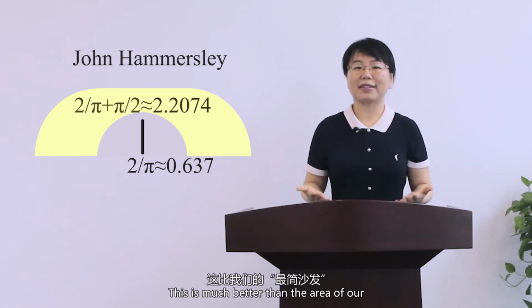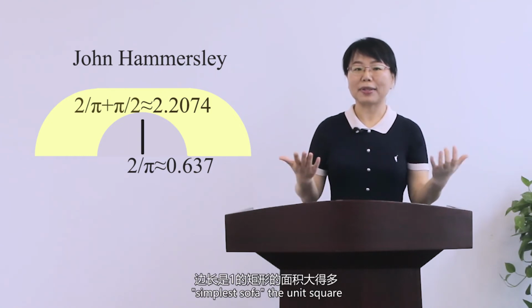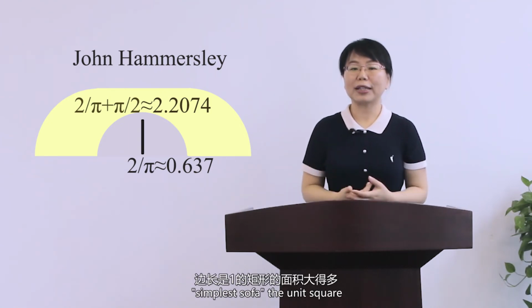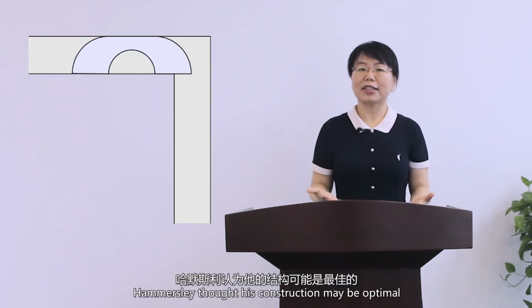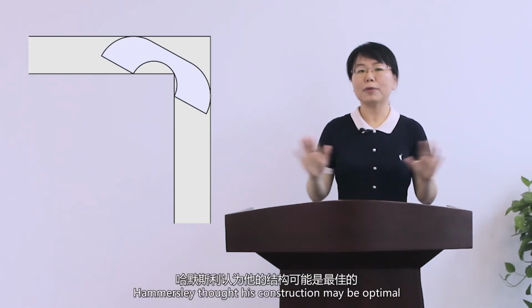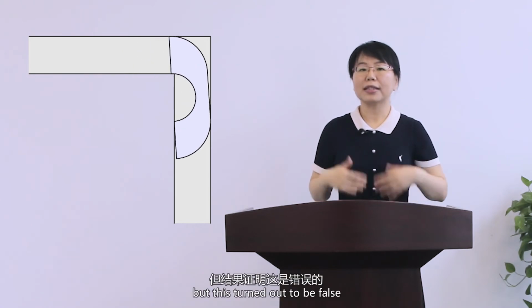This is much better than the area of our simplest sofa, the unit square. Hammersley thought his construction may be optimal, but this turned out to be false.